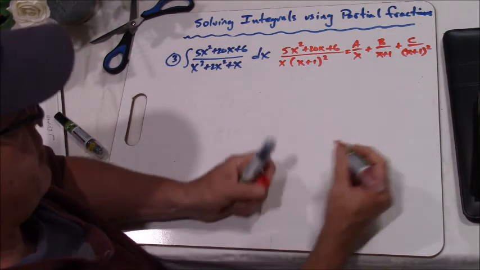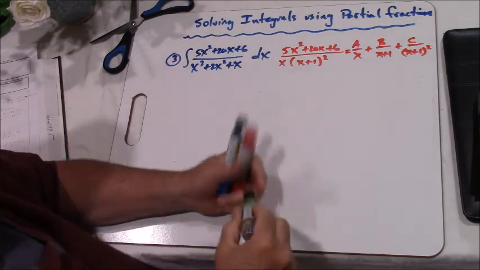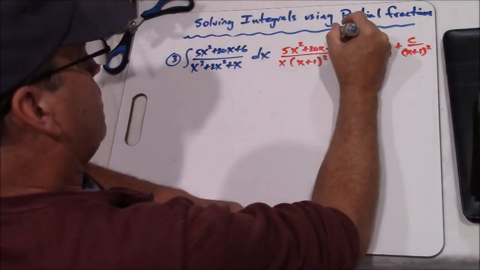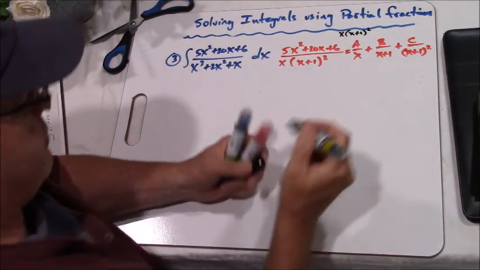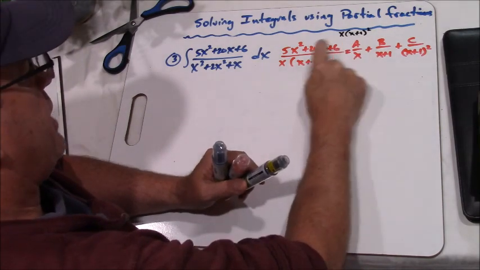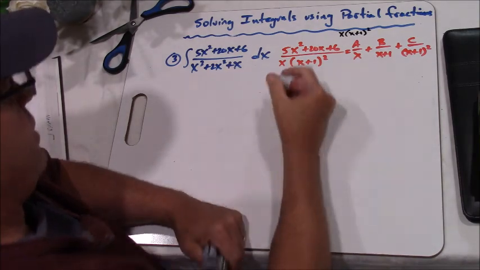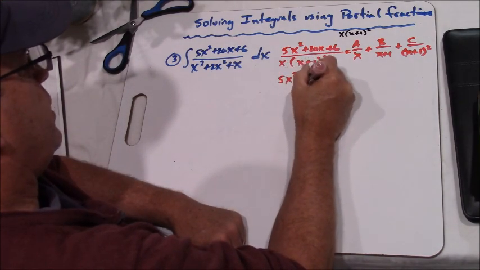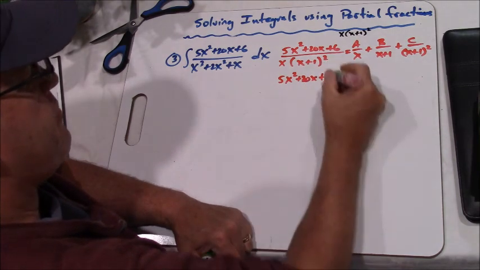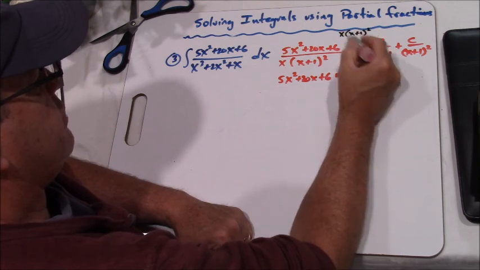So if I multiply everything through by the least common denominator, so let me just write it up here so we have something to look at, x times x plus 1 squared. So if I multiply that times this fraction, everything cancels. And so I'll end up with just 5x squared plus 20x plus 6. If I multiply here, the only thing that'll cancel is the x's.